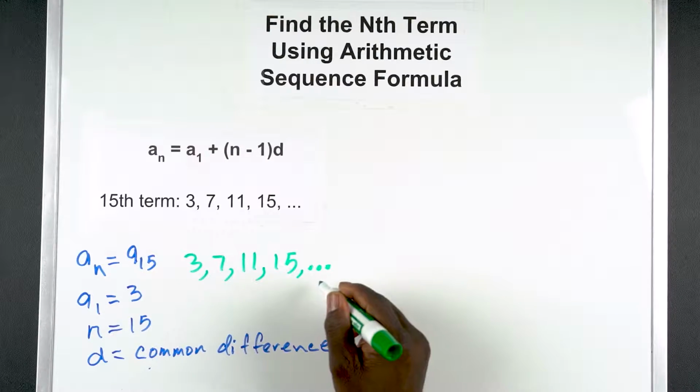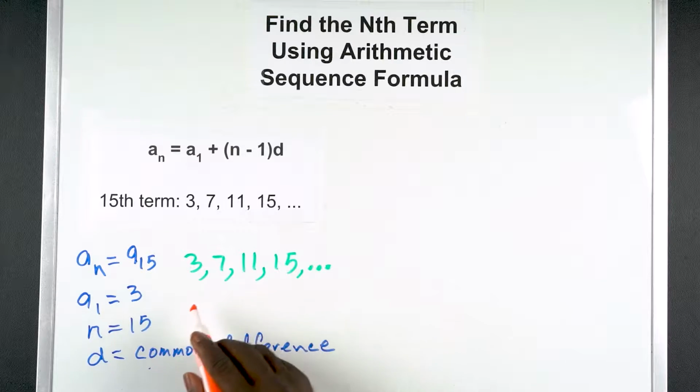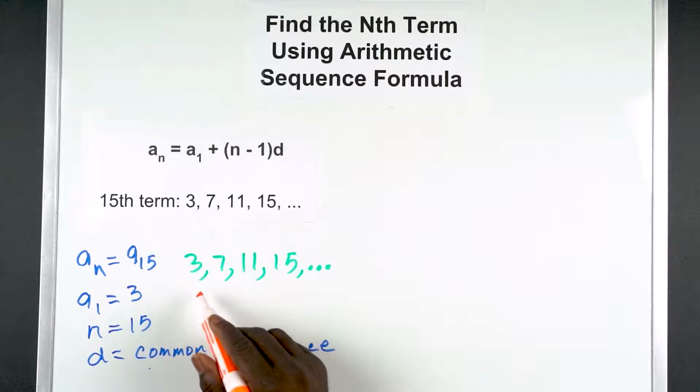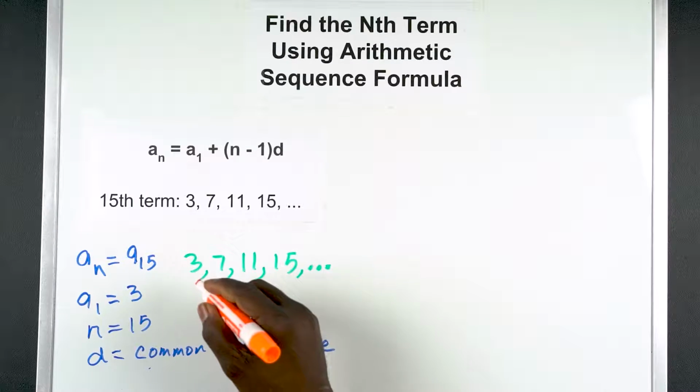That just means that the numbers would continue. Now, there are two different ways to find the common difference. One way is to start with the first term and ask ourselves, what can we do to the first term to get the second term?